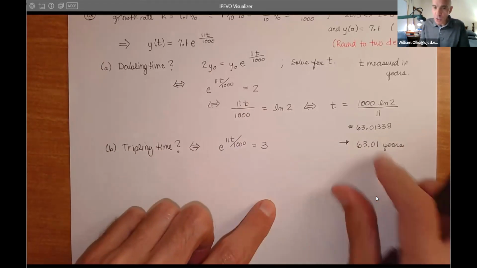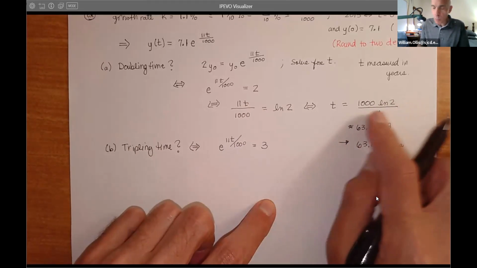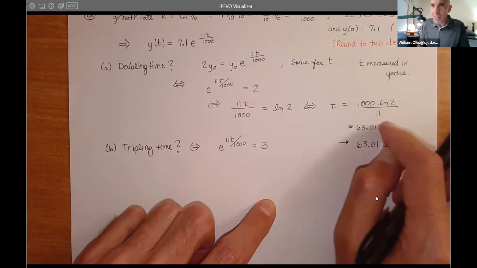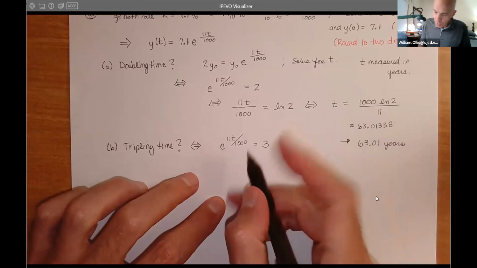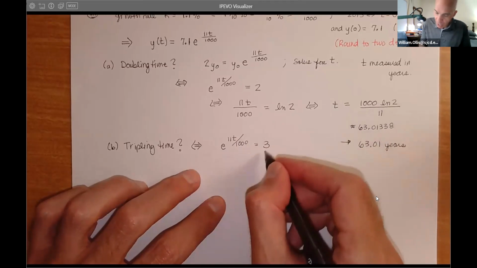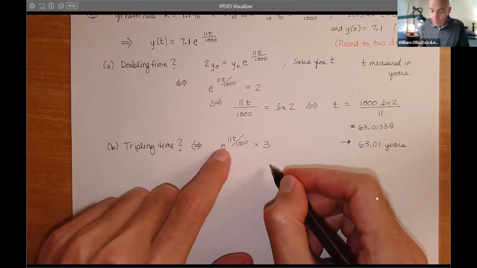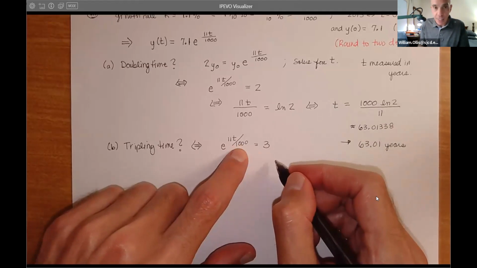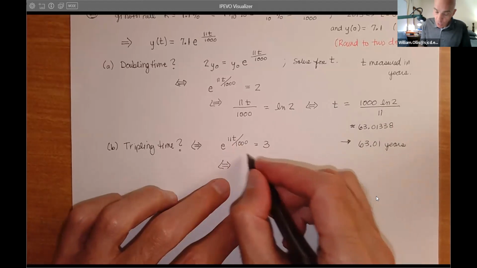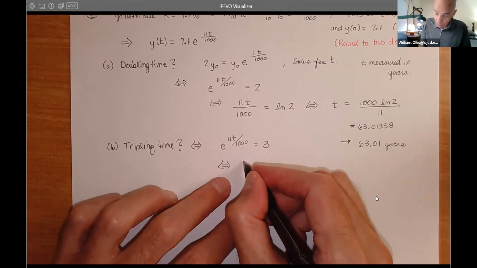So now you're thinking you could just write a general formula here. You wouldn't have to, but you could make a nice general formula for this. So this was just going to give us this. So now, if and only if, the power of E that equals 3 is 11t over 1,000. So 11t over 1,000 is a logarithm.